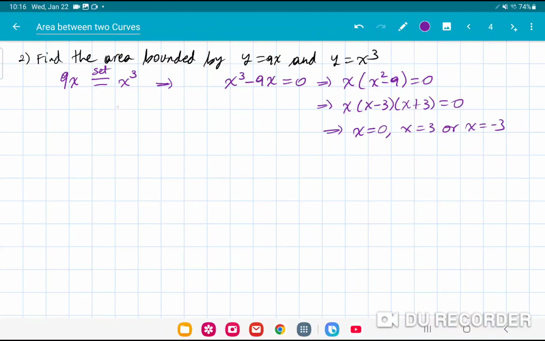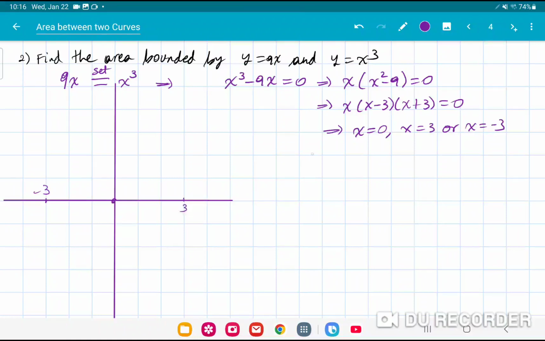So if I want to draw the graph of these functions, let me see if I can make a line. Okay, that's your x-axis. Then they intersect at negative 3, at 0, and at x equals 3.